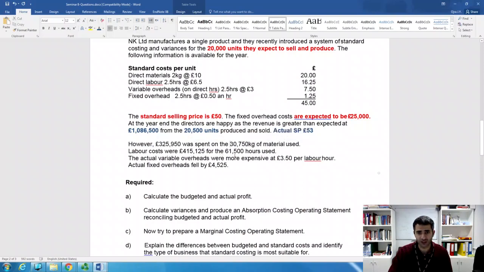In order to find the per kilo, you need to divide this by this. So £325,950 divided by 30,750 kilograms, this is 10.6.